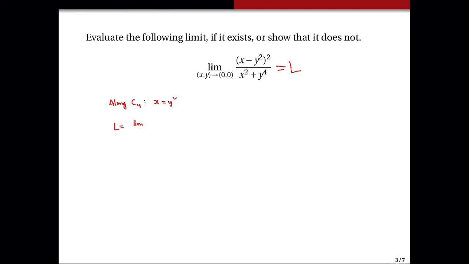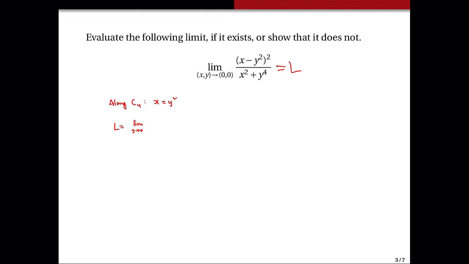So we have L. Take note, your x is equal to y squared. So we are replacing x with y squared. So we can now say let y go to 0, and it's the same thing as x, y going to 0, 0. So limit L is equal to the following.